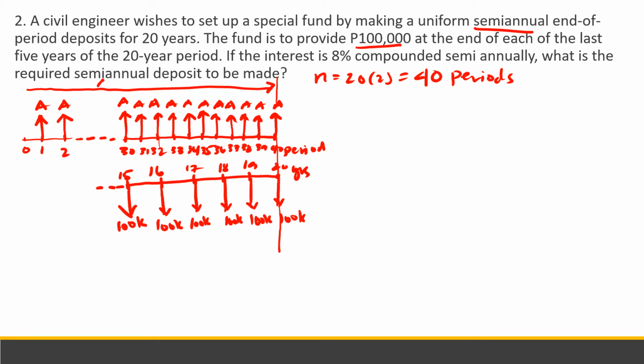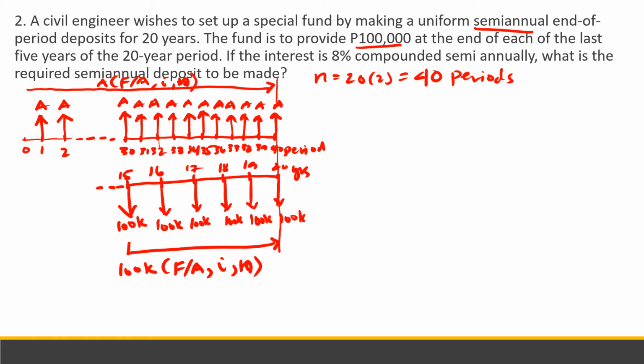So this will be F given A, and dito naman yung mga 100,000. So that is finding the accumulated amount or future amount given the I and yung N natin.